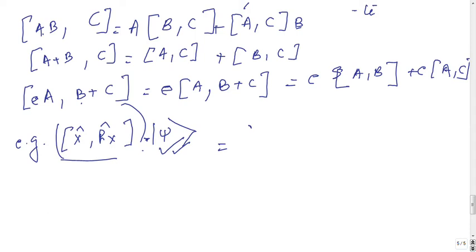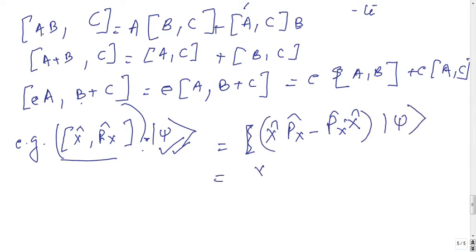Let us apply the definition of the commutator: x hat px minus px x hat applied to xi. This x hat px gets applied to this xi.